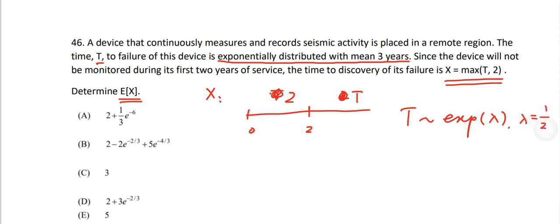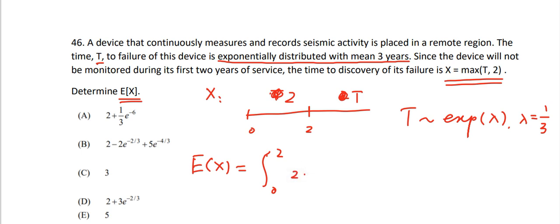So we know t follows this distribution, and we want to find x. So according to the definition, when t is from 0 to 2, this x is 2.